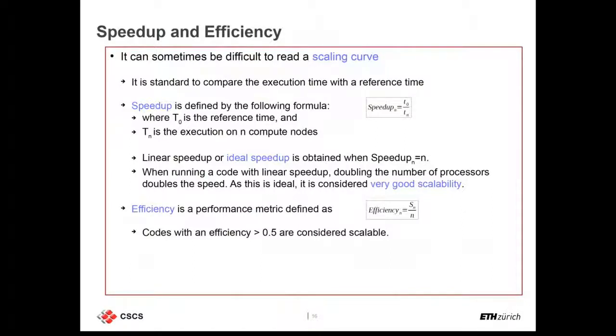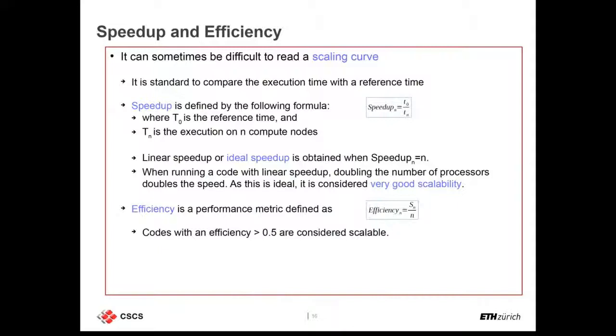The first one is the speed up, and the second one is the efficiency. Speed up is defined by the following formula. It's just the ratio of a reference time, usually the time of your simulation on one node, over the execution time on several compute nodes.